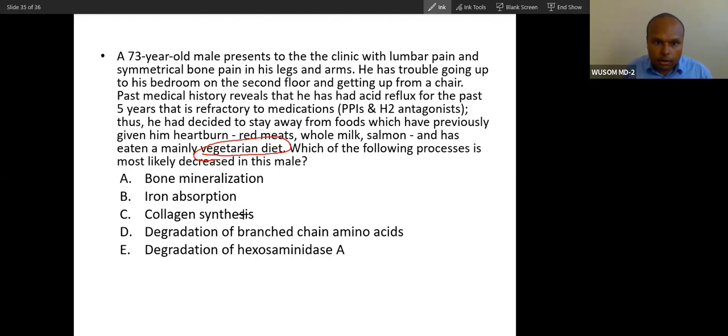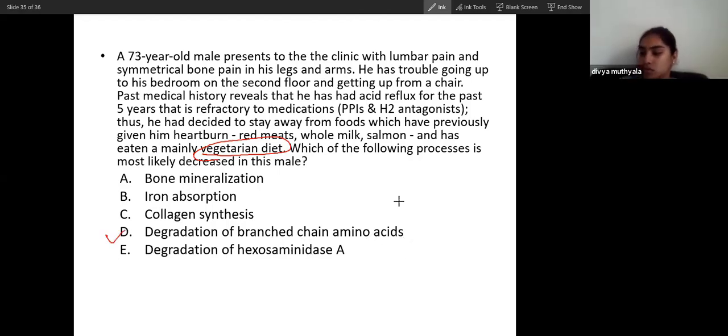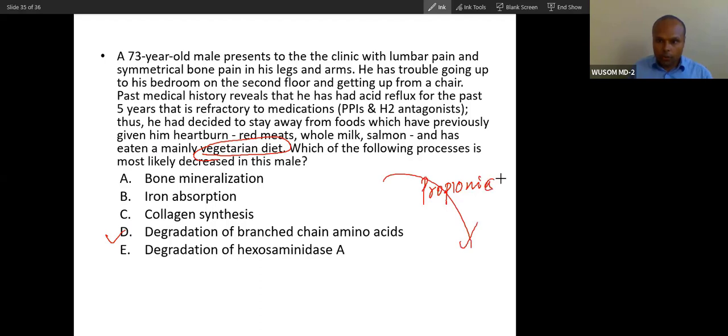Bone mineralization? Degradation of branched chain, propionic acid pathway. Propionic acid pathway needs vitamin B12.